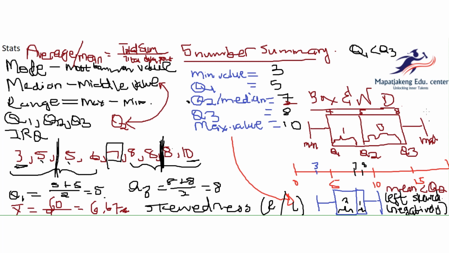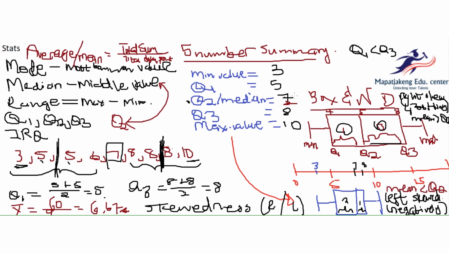From this case, you can say it's greater on this side because this is 3 units and this is 1. It will just be the reverse of everything here. It will be skewed to the right. First things first, skewed to the right, and then you can say it's positively skewed, and then you can say my mean now is greater than my Q2, or my median. Q2 is the median, right?